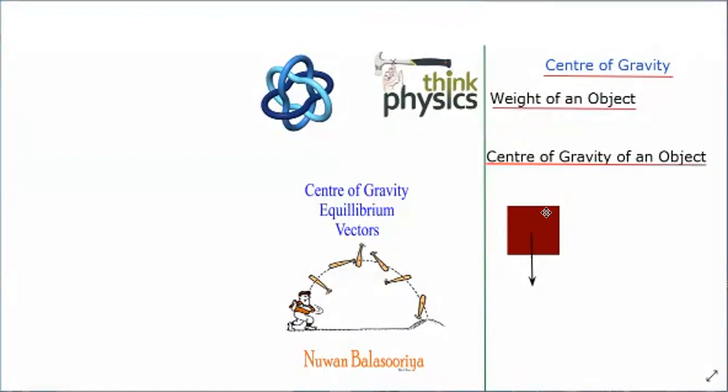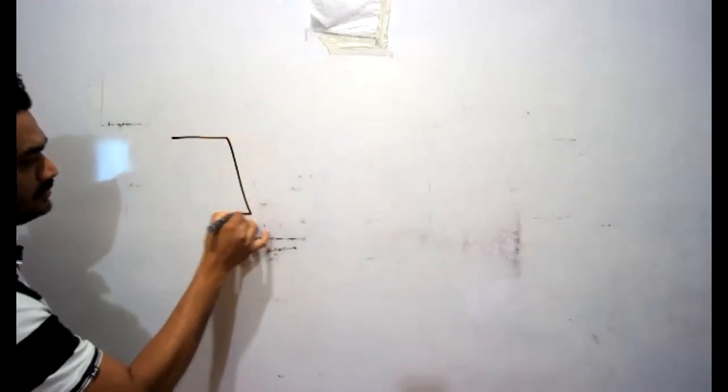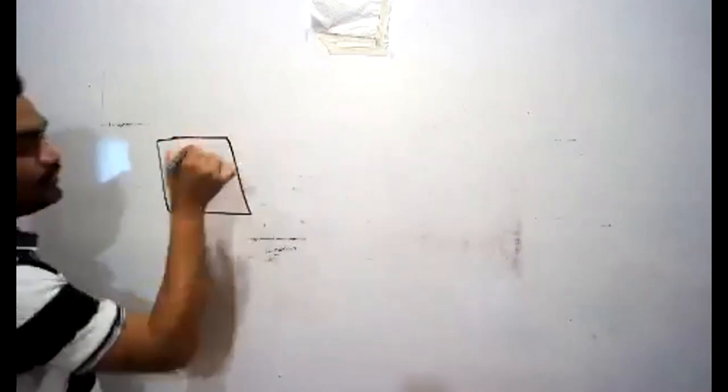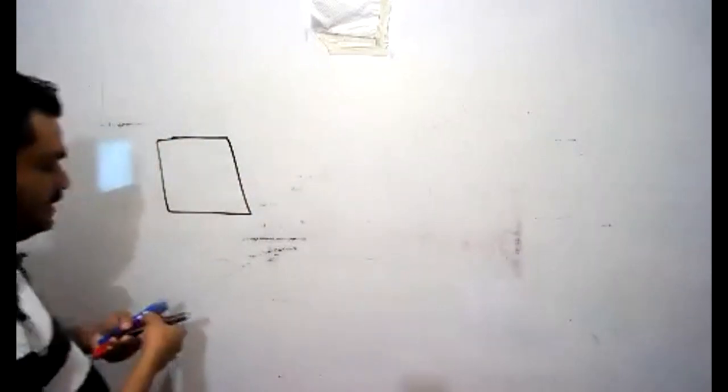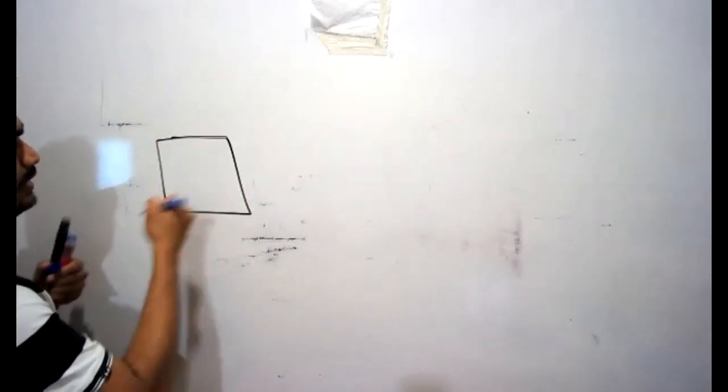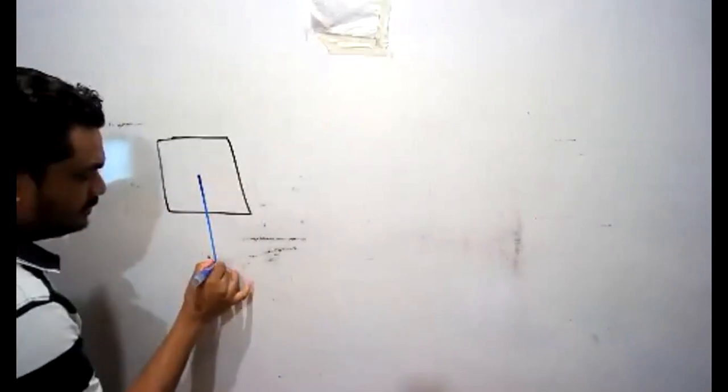Let me use my normal whiteboard and show you the situation. Right. I think you are able to see. Look at the board here. So let's say there is a box. Then the earth gives a vertically downward force.